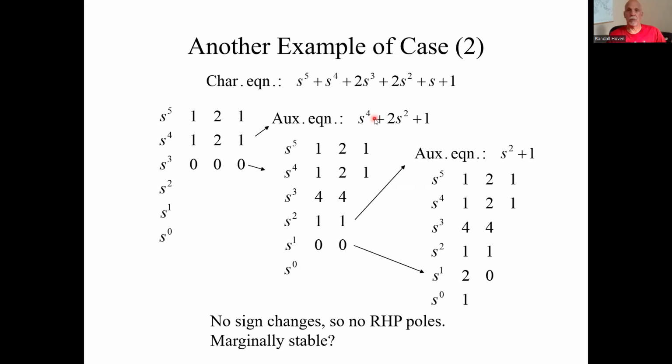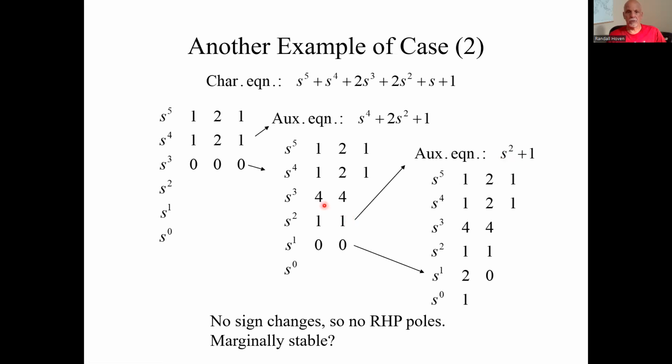Take its derivative, you get 4s cubed plus 4s. So we replace the all 0 row with these 2 4s. Could have been 2 1s, 2 4s. And continue on down. And up, we get another all 0 row.